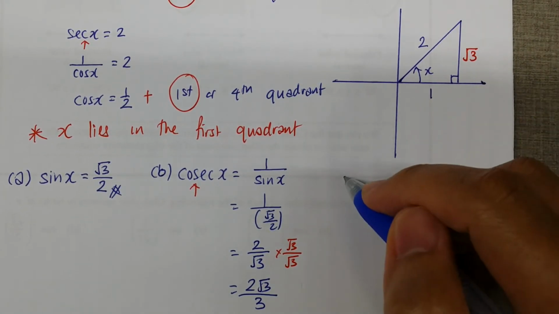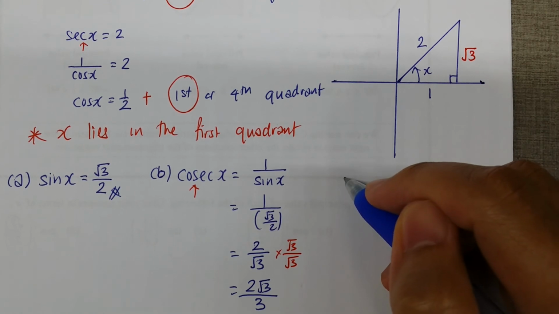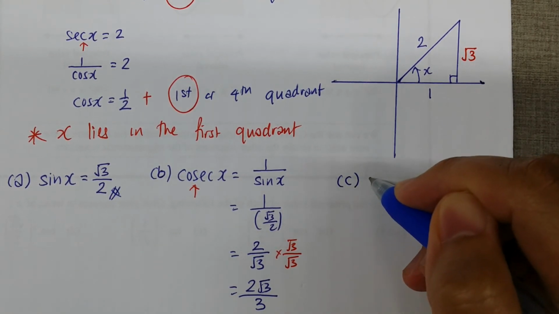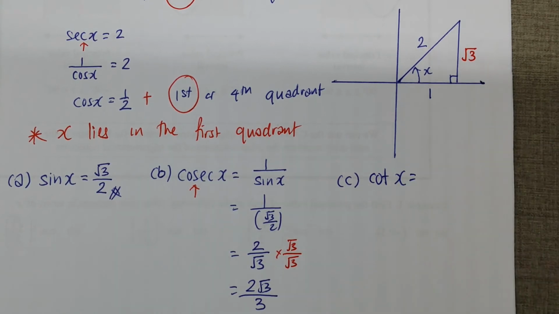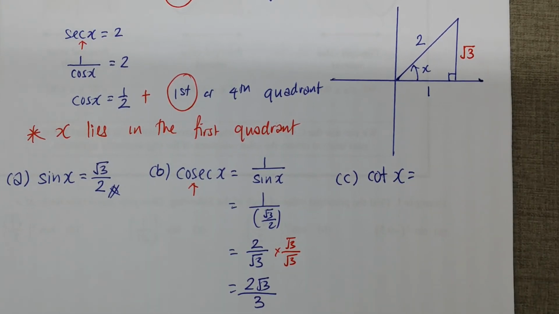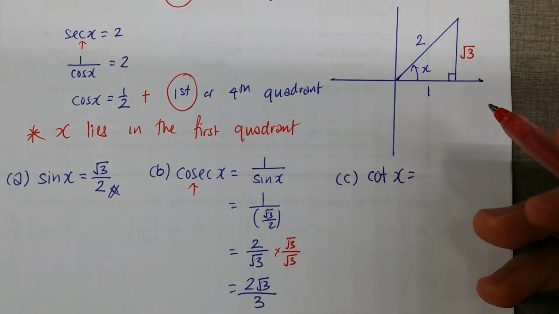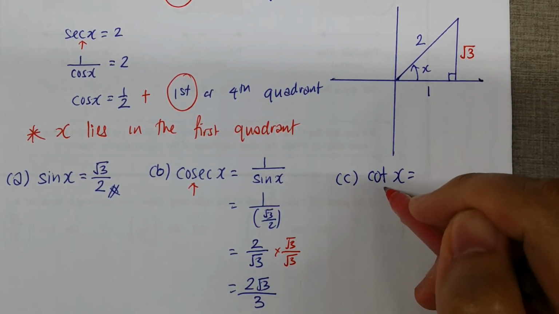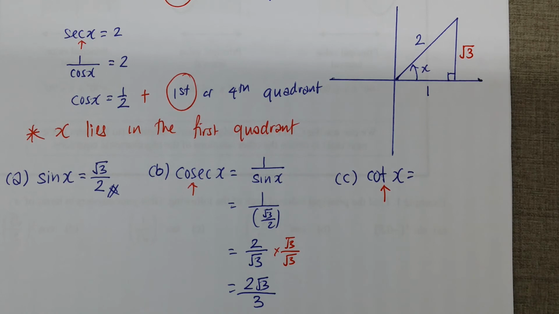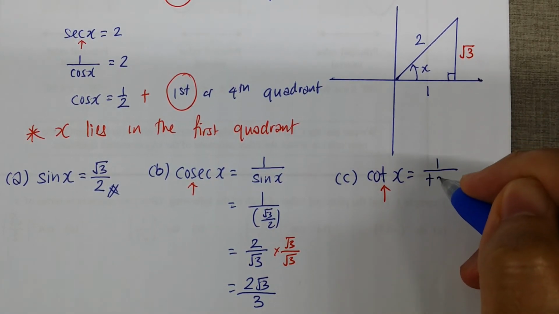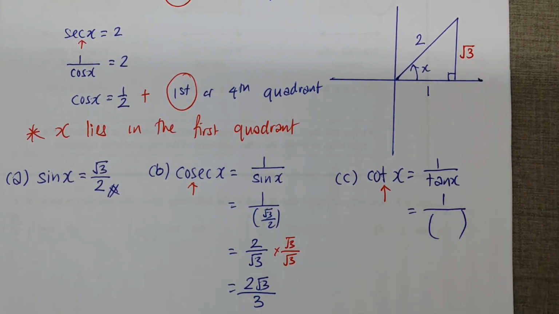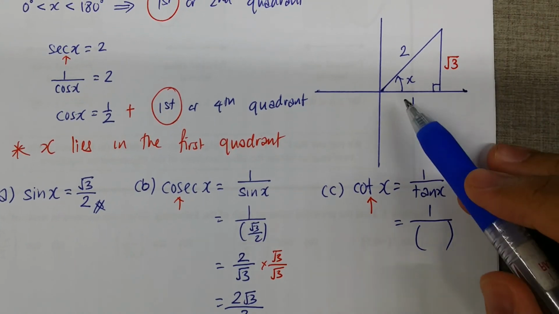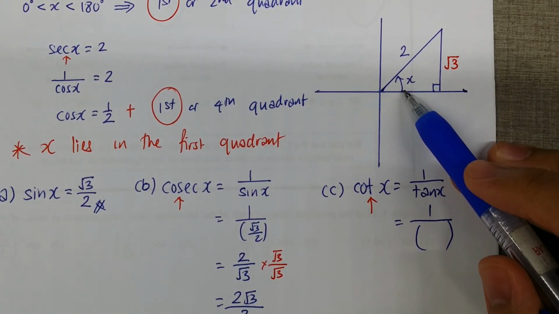If not, I'll proceed on. Using the same diagram, because the x is still the same x. Cotangent x equals what? Since earlier on I've touched on secant, cosecant, now talk about cotangent. The third alphabet is T. So it must be 1 over tangent x. Tangent x is what? Look at the diagram. This is my reference angle x.